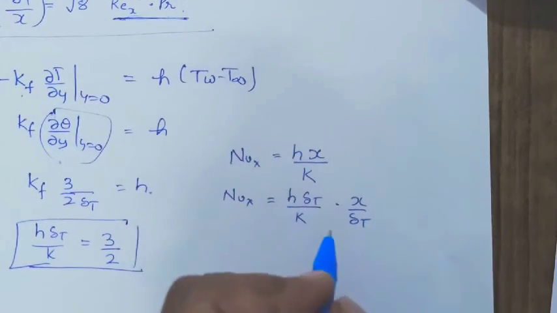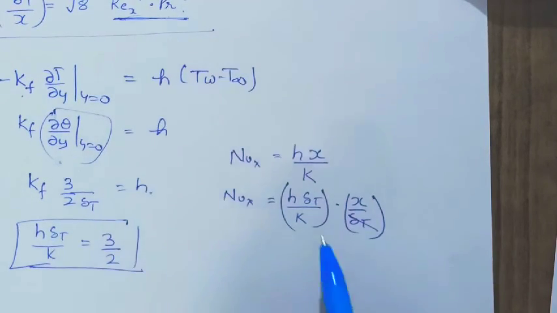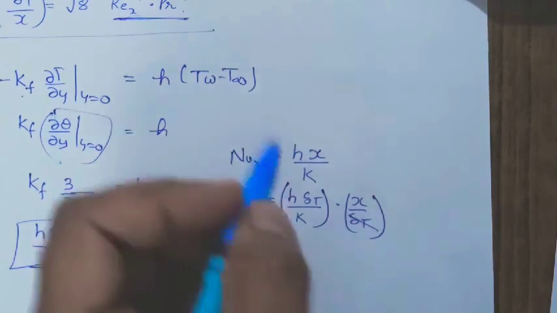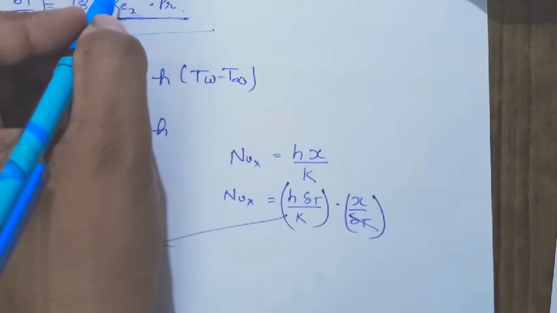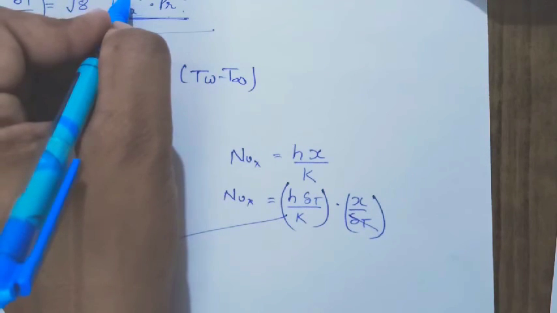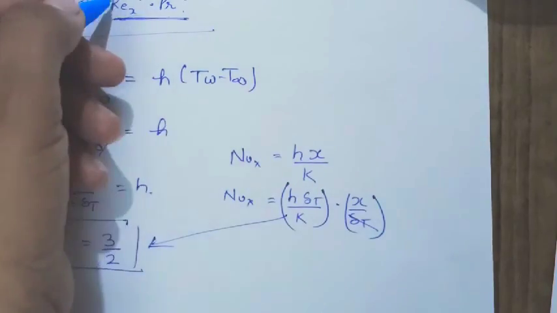And while doing this, this term is 3 by 2, right? And it is, I suppose, minus. So I'll check it once again.